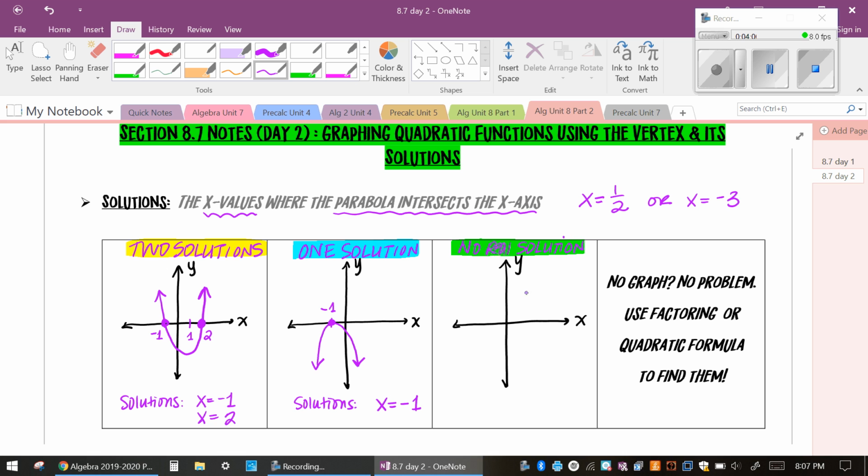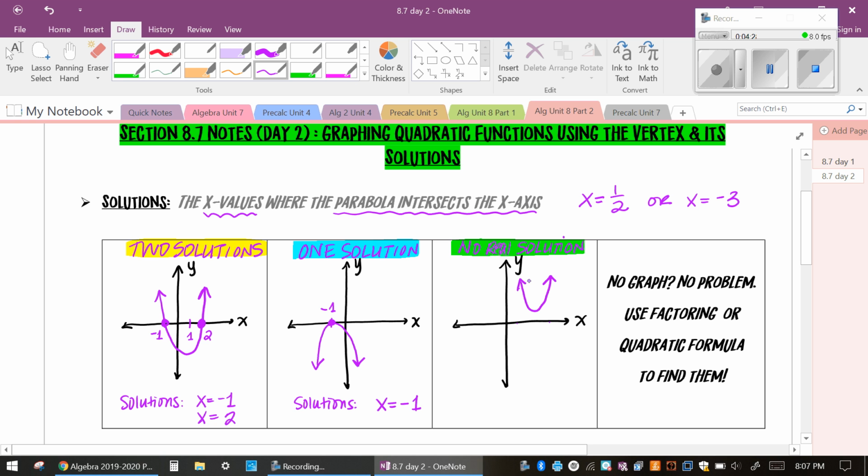Would this count as no solution because it doesn't touch the x-axis? Nope, because remember, parabolas go on forever, so ultimately this would touch the x-axis. So that would not count as no real solution. Your parabola must never touch the x-axis, ever. So something like this would count for it to be no real solution.